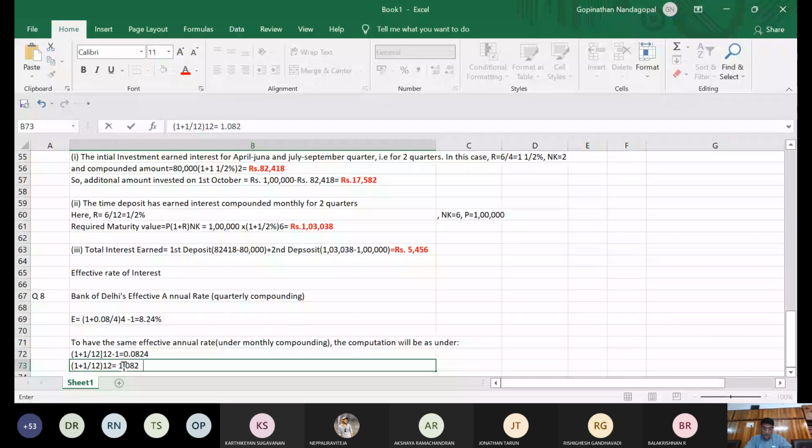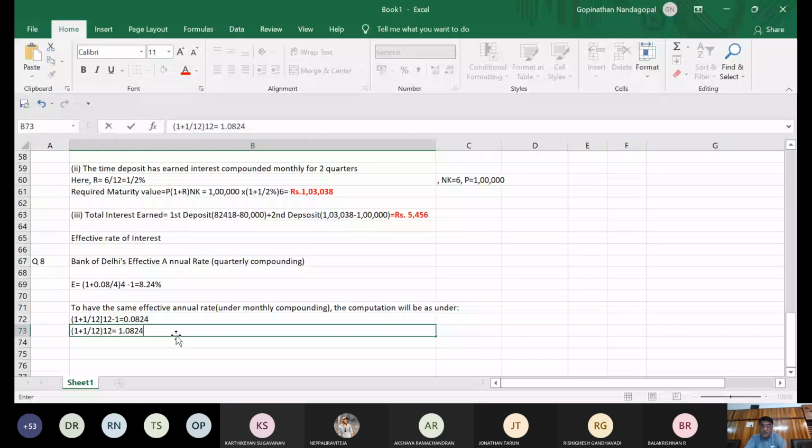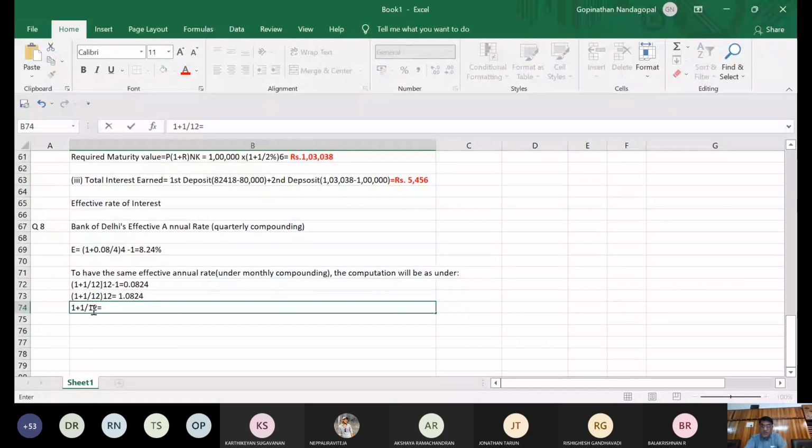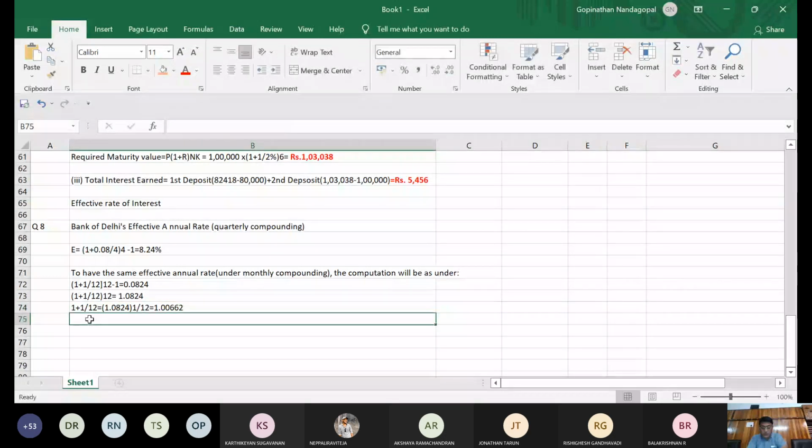Next, 1 plus i by 12 is equal to 1.0824 power 1 by 12, which is 1.00662. Therefore i by 12 is equal to 0.00662.